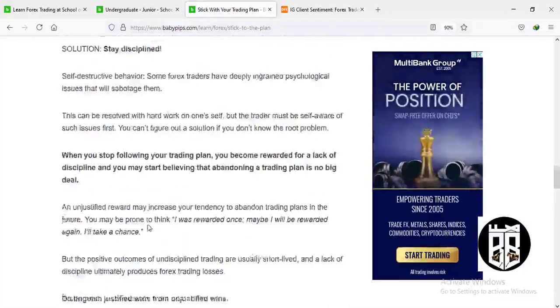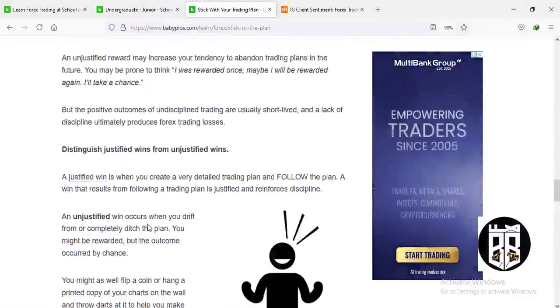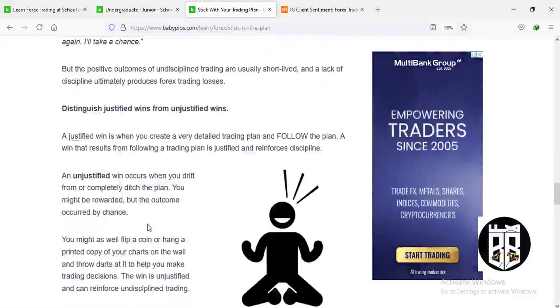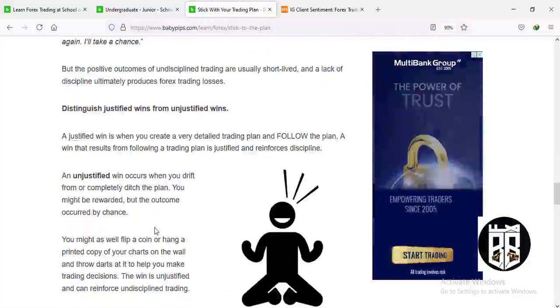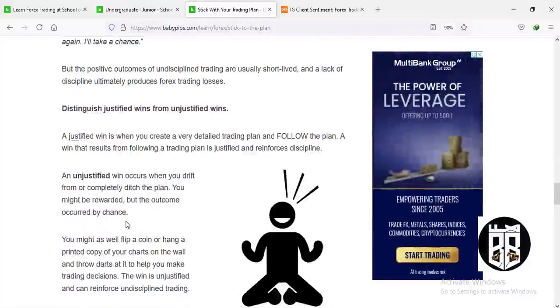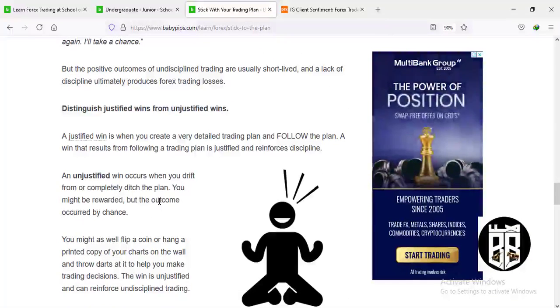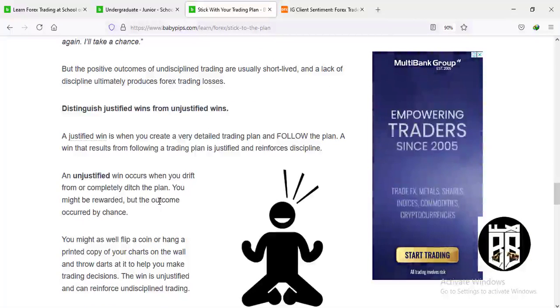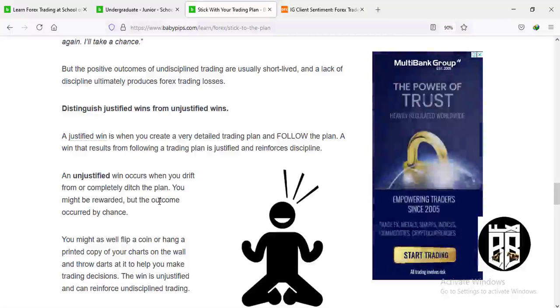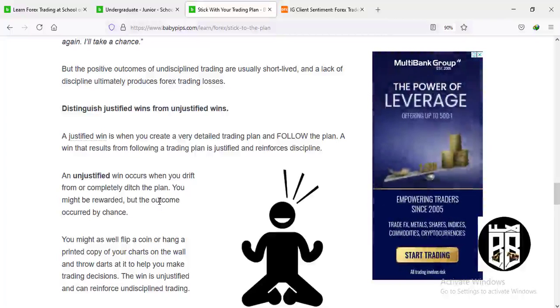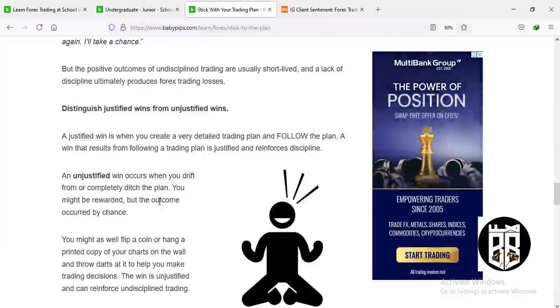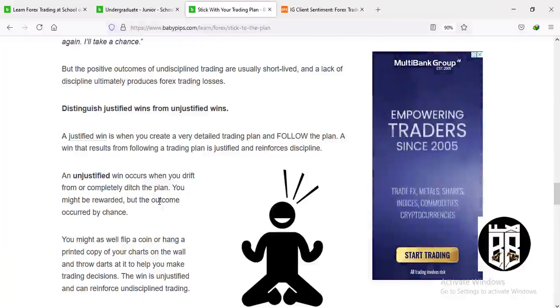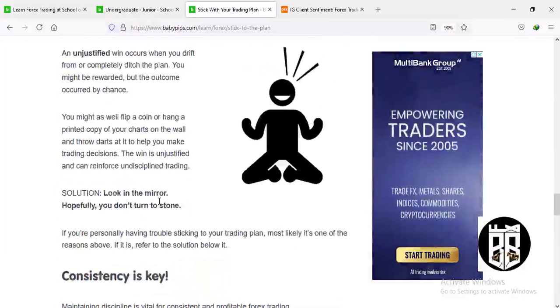So what is the difference between justified and unjustified wins? An unjustified win occurs when you drift from the trading plan that you have been using. You might be rewarded, but the outcome comes by chance.